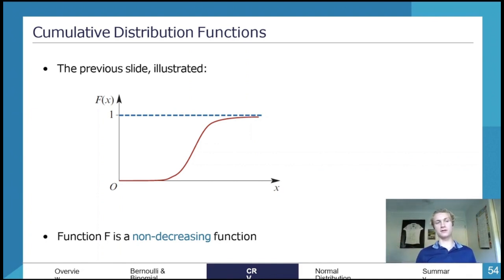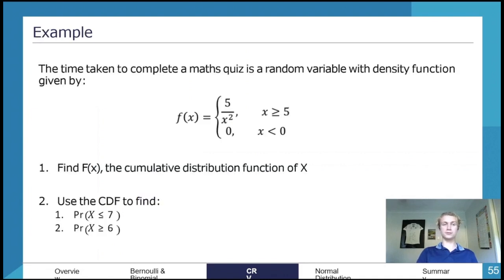It's limited between the bounds of 0 and 1 because on its y-axis its maximum probability can only be 1. And because it's cumulative, we're taking into account the integral, so it is going to get up to 1, as opposed to a probability density function, which is only going to get up to whatever the highest point is, like the mean. So function F is a non-decreasing function.